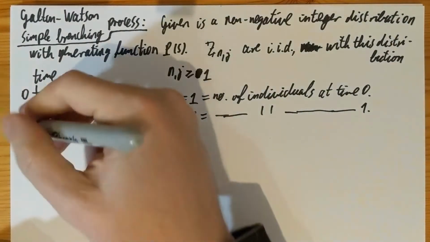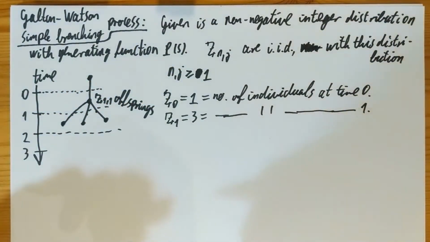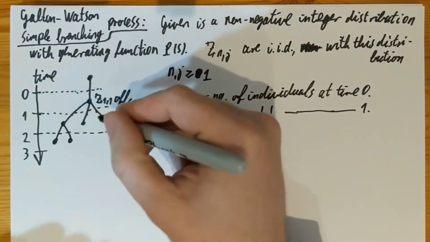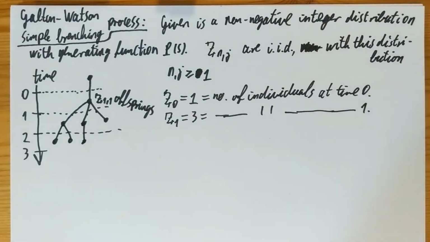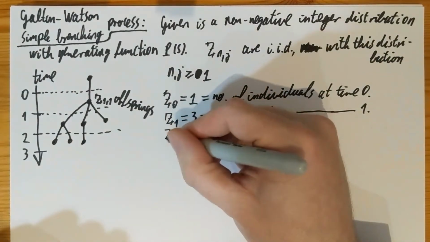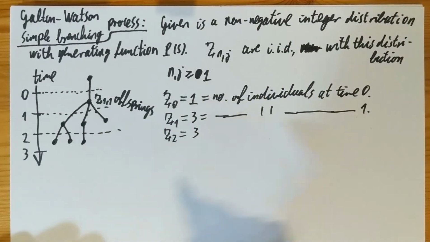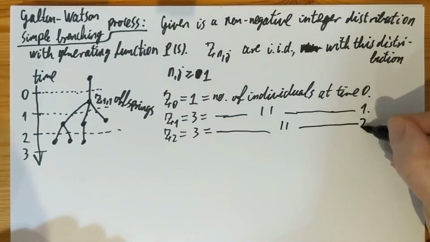Now between time 1 and time 2, all of these amoeba will decide to have some number of offsprings, and some of them might decide to have 0 offsprings. That's absolutely fine. So in this picture, Z2 is again 3, the number of individuals at time 2.